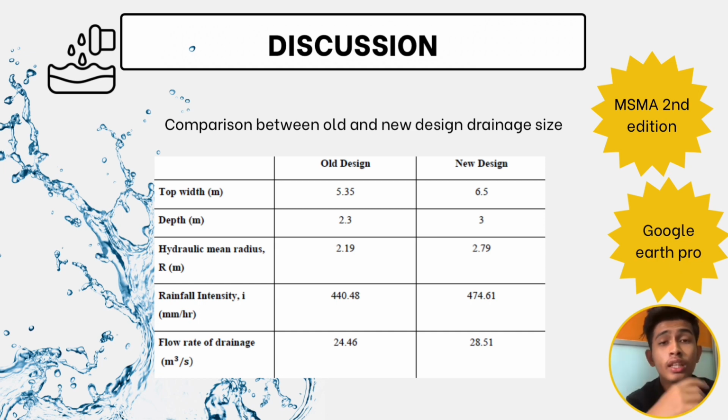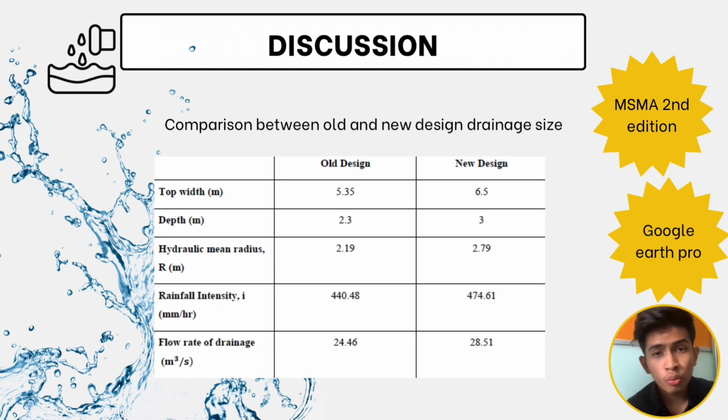So as we did the calculation, we found that the new design discharge was found to be higher than the peak flow of the existing discharge, which means that the proposed new design of the channel section is a pass. Not only that, we found that the flow rate of each drainage size is different in terms of the width of the channel and its depth as shown in the table below. Why different?